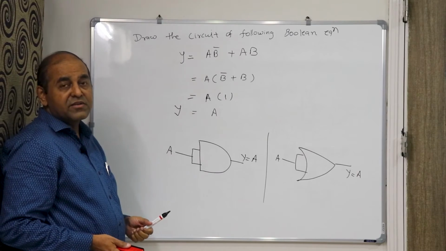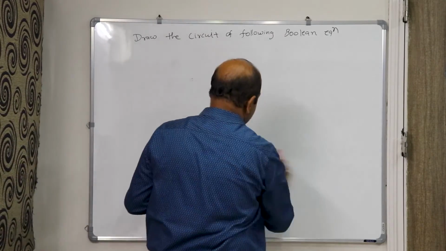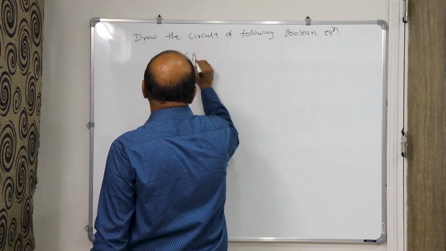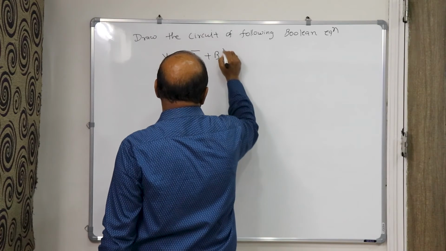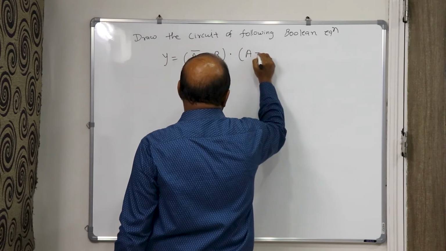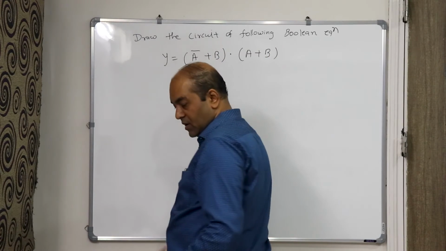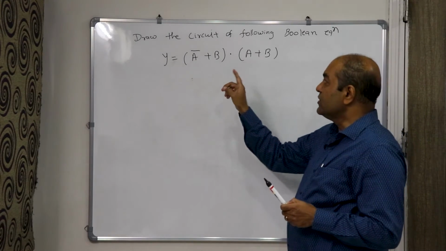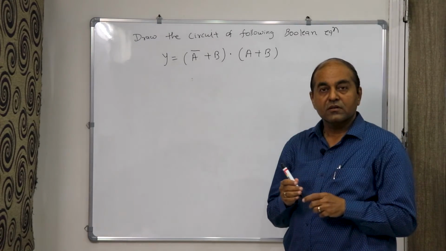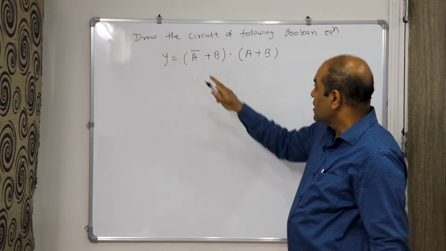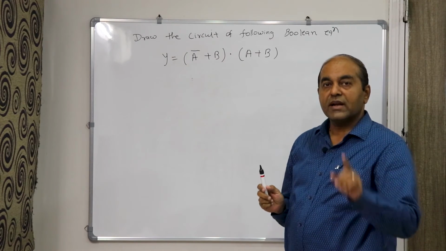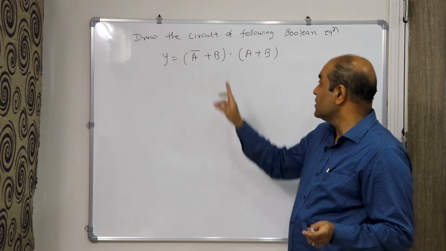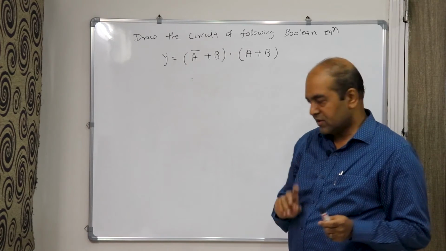Second example that is given in your textbook. Y equals A bar plus B dot A plus B. So first complete this work using basic gates. A bar plus B is an application of OR gate. This is also an application of OR gate. Dot represents AND gate.